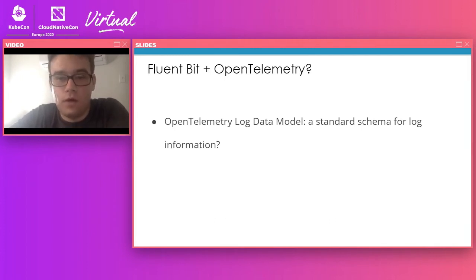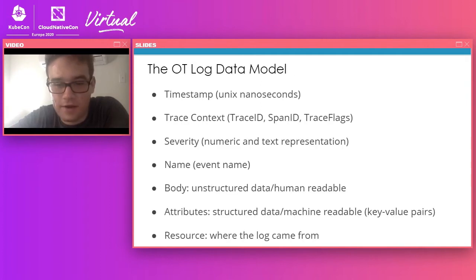They have recently started working on defining a log data model, which might become a standard schema for log data, a standard structured model for logs. That's its goal. I do feel a little bit conservative about OpenTelemetry because it is an incubating project.